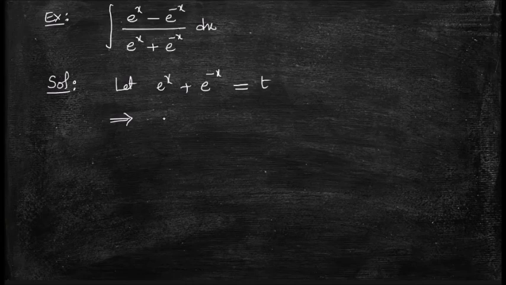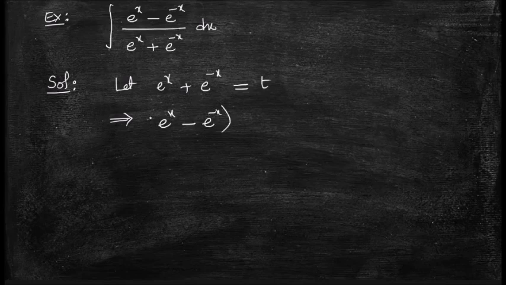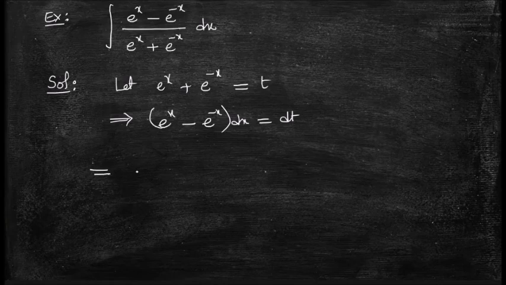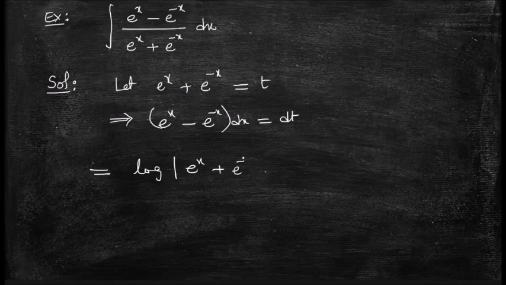That implies e power x differentiation is e power x, e power minus x differentiation is e power minus x. Dx is equal to dt. Now, the numerator and denominator have a relationship. Therefore, you can write the answer directly: log of e power x plus e power minus x plus c.